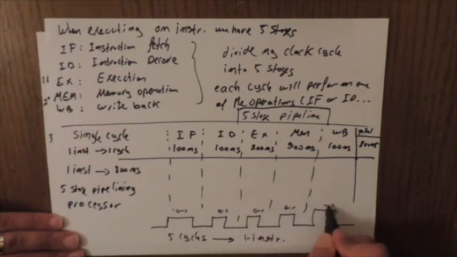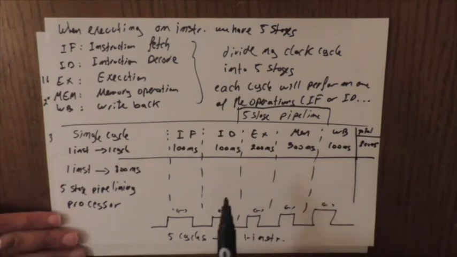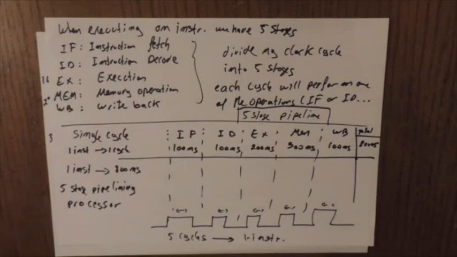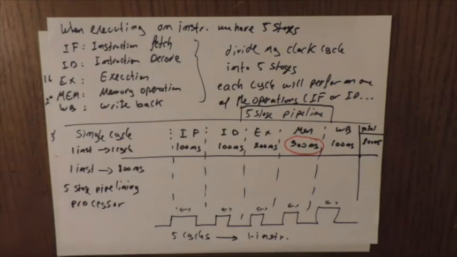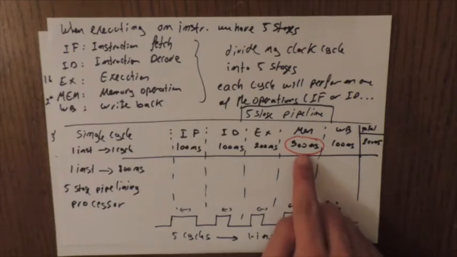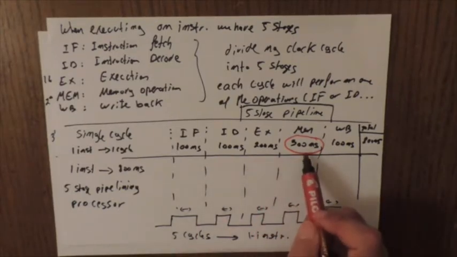So I need to choose one of these numbers to represent my frequency. In this case, I'm going to use the slowest part. Why? Because with the 300 nanoseconds, I cannot use a smaller one, because if I use a smaller one, then I don't have enough time for the memory to perform its tasks.